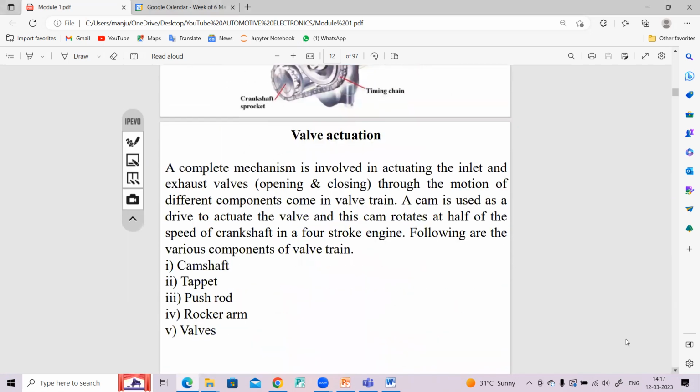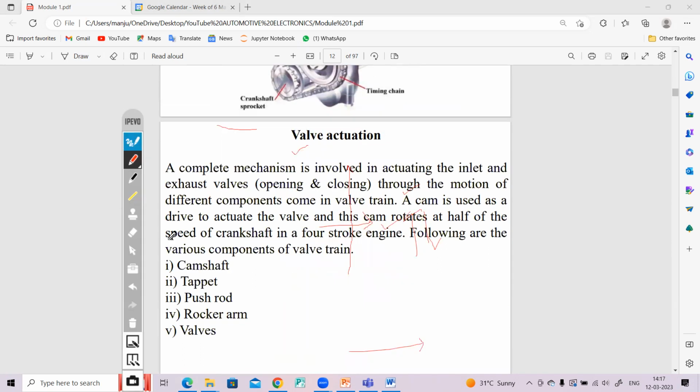So see what exactly the valve action is going to be. This is nothing but a complete mechanism involved in actuating the inlet and the exhaust valve, in the form of opening and closing through the motion of different components that come in the valve train.